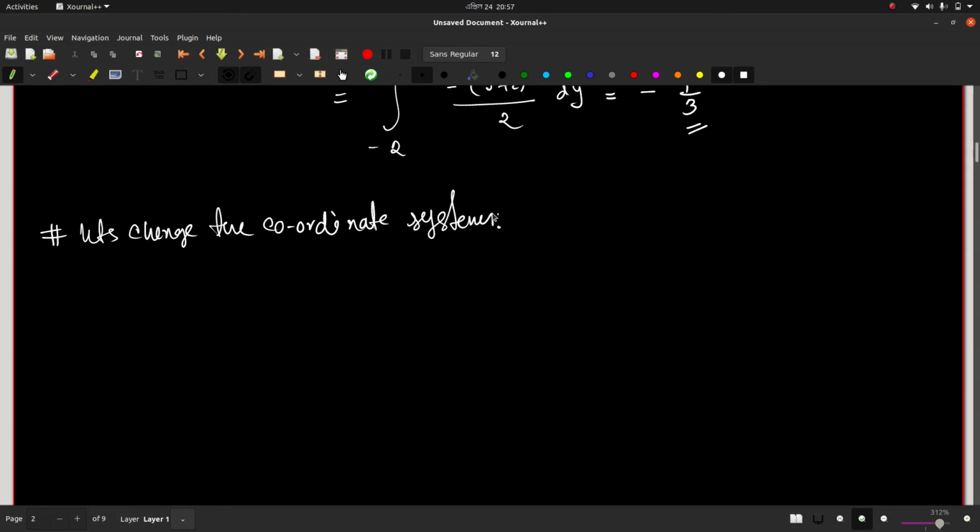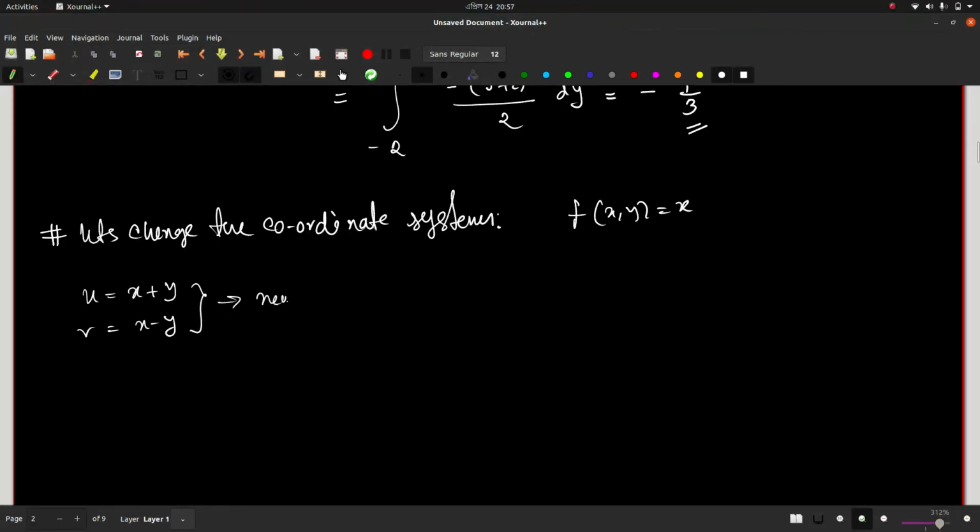So again, our function was what? Function was f of xy equals x, like this, right? And let's say I want to compute that integral with the help of differential forms in a new coordinate, and the new coordinate is given by, let's say, u equals x plus y and v equals x minus y. This will be our new coordinates.